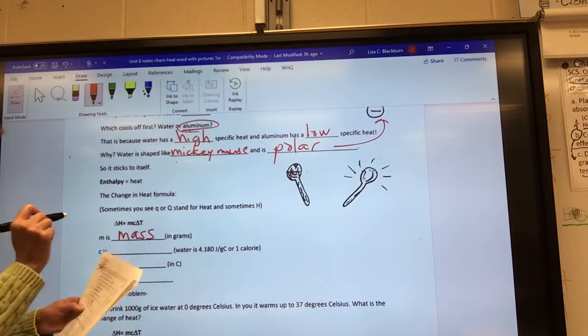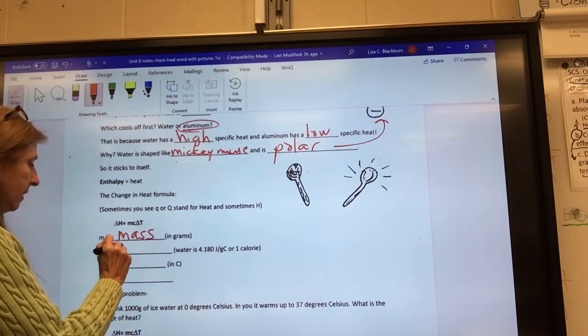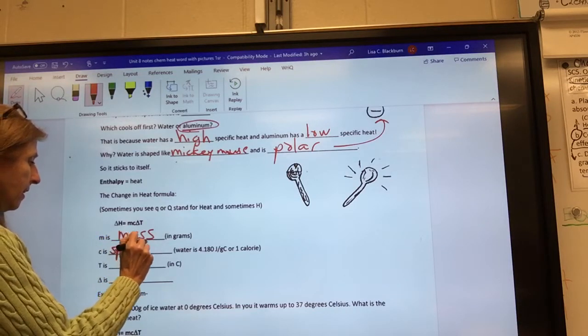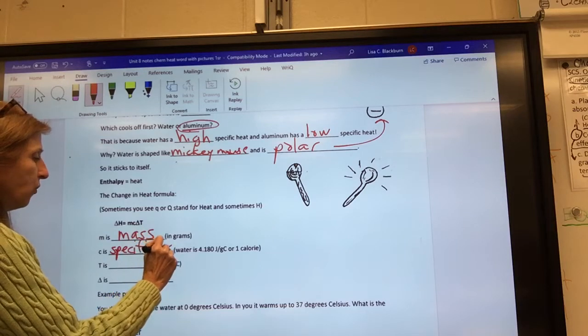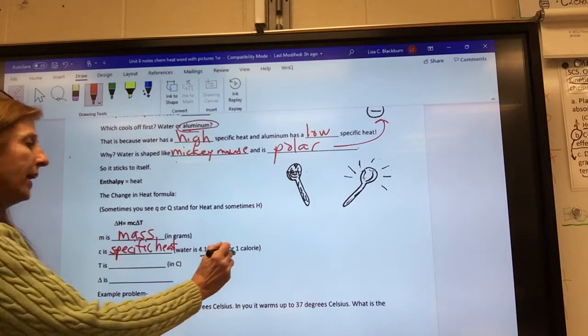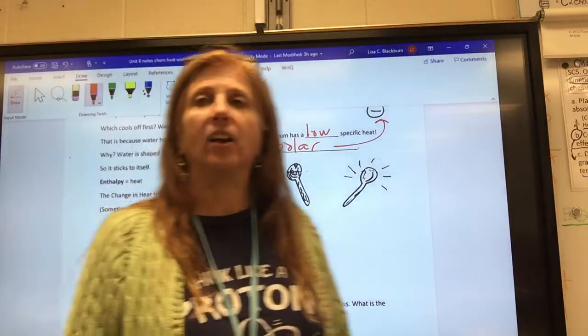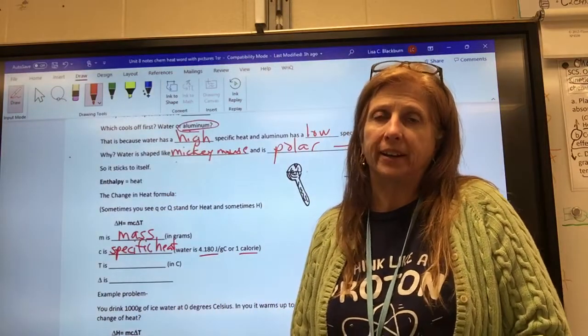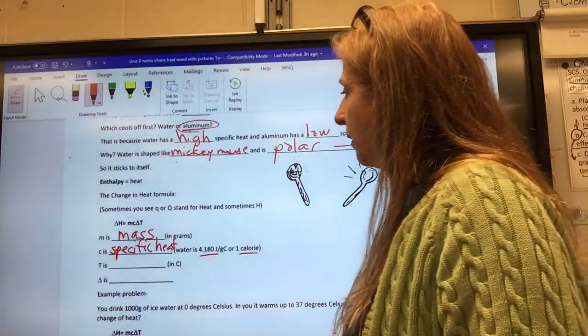C is the specific heat. For water, it's 4.180 or 1 calorie, and you need to memorize that or write it on your cheat sheet periodic table. It'll be something you need to know.